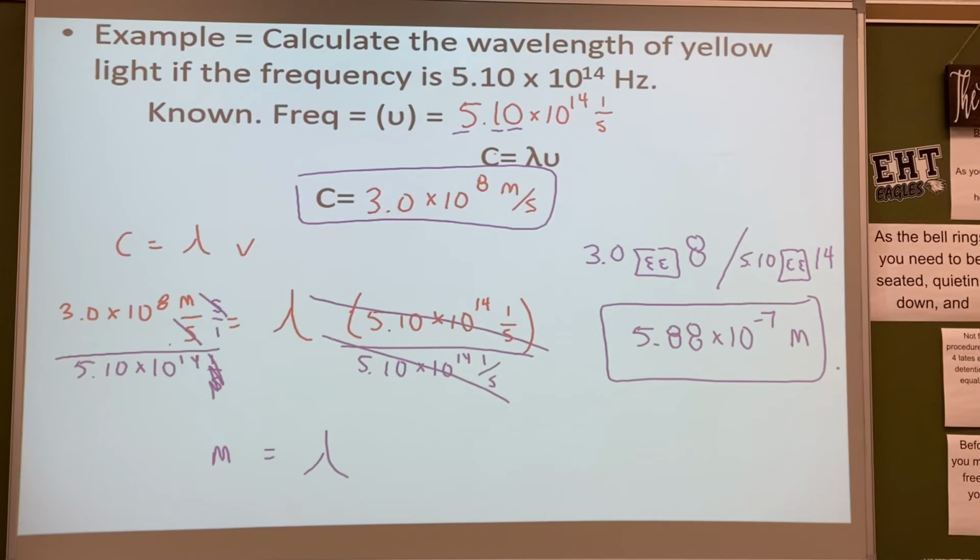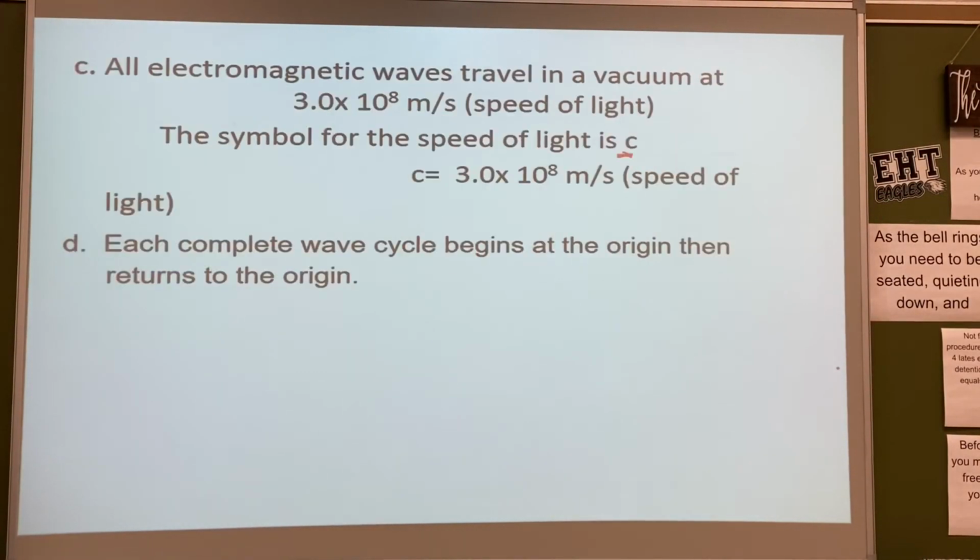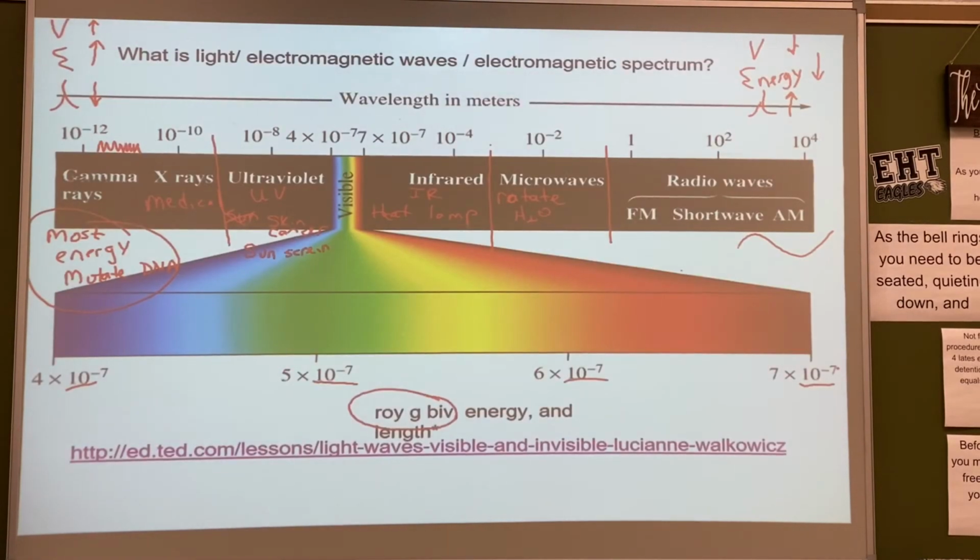How else can you check? Non-mathematically. How could you check that you're right, not using math? How could you use this to check that you're right? What color did it say it was? It said yellow.